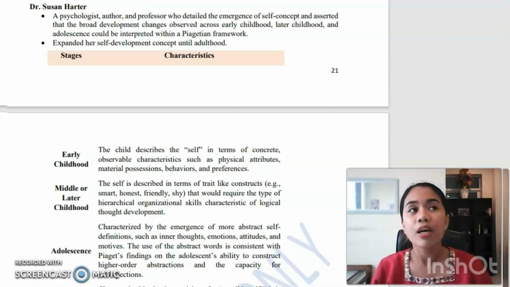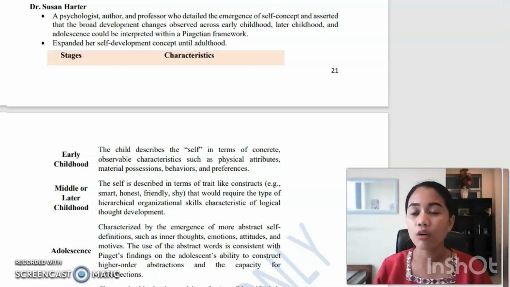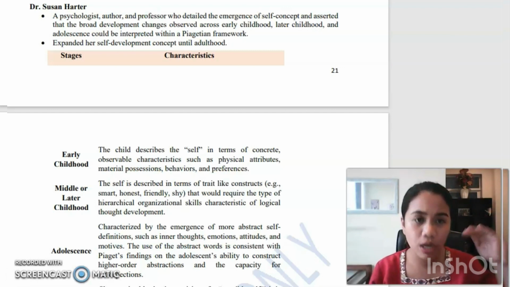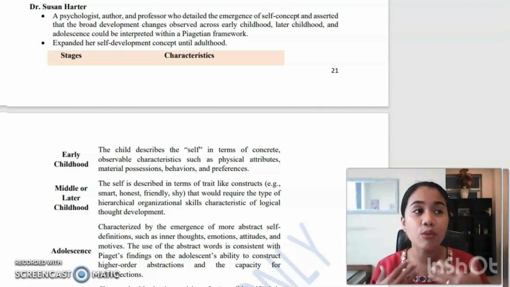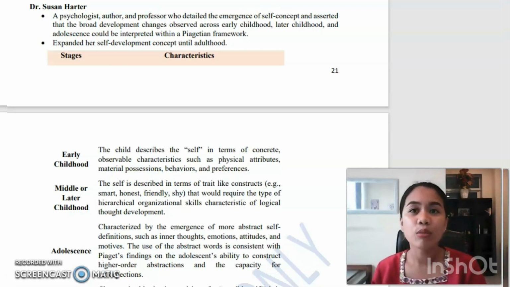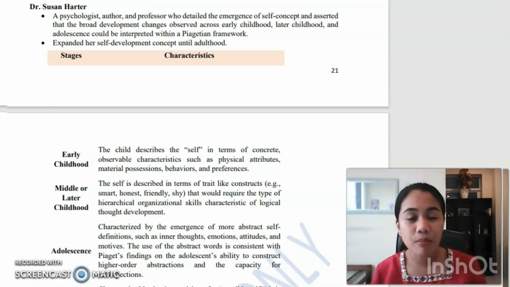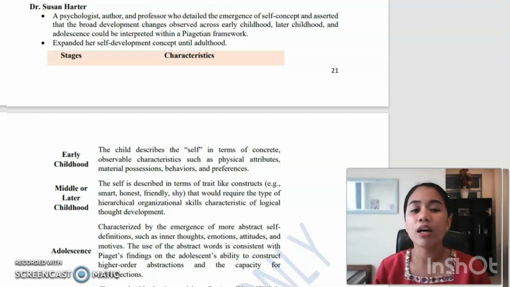So during this time, children in early childhood observe groups of people. Seeing small children who cry, they will identify those as babies. Then, as they get a bit older, they recognize grandfathers, grandmothers, aunties, mama, and papa. So they will observe any characteristics and physical appearances.